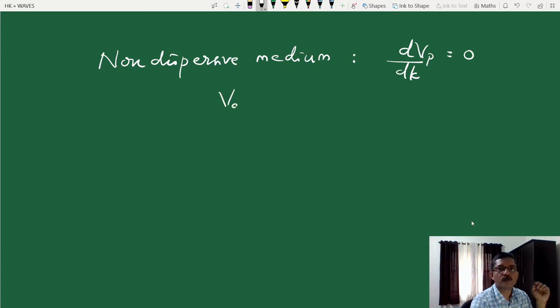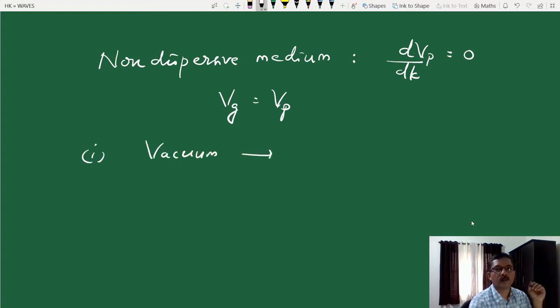Then group velocity is the same as phase velocity. An example is vacuum, a non-dispersive medium for electromagnetic waves. Electromagnetic waves can pass through vacuum with the same speed. Here the phase velocity equals the group velocity equals c, the speed of light in vacuum.